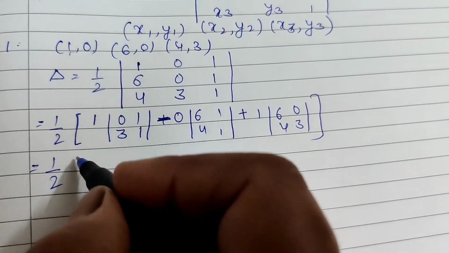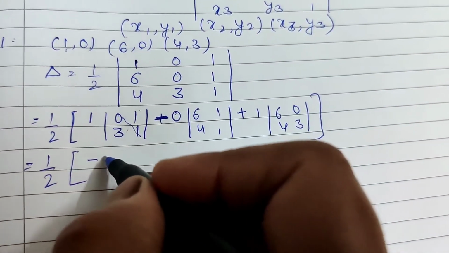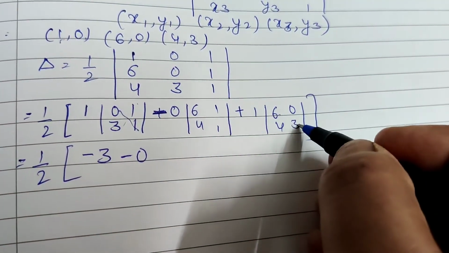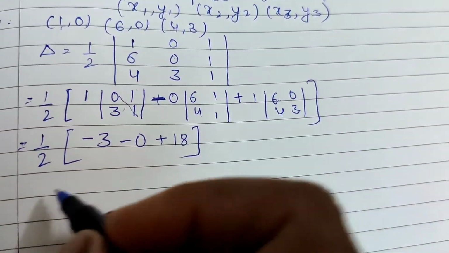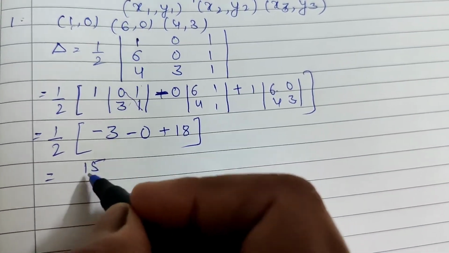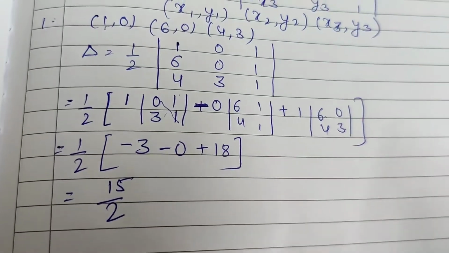It means 1 by 2 times (0 minus 3) plus 0 plus 1 into 6 into 3, 18. It means 18 minus 3, 15. The area is 15 by 2 square units.